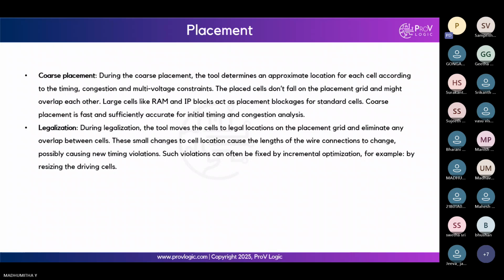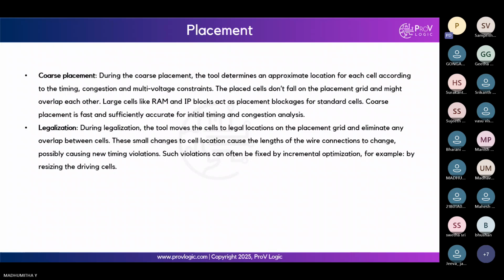If we are going to use Cadence tools, we will use Innovus. If we are going to use Synopsys tools, we will use ICC2 or Fusion Compiler to do the physical design placement and routing, and we will place the standard cells.